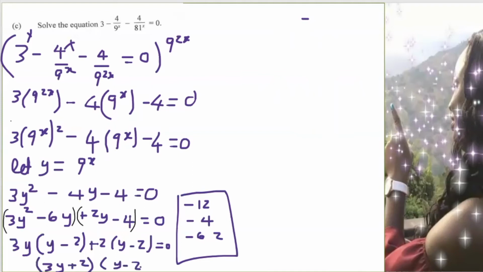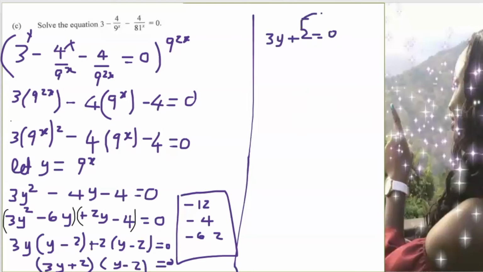Now I'm solving. So I'll be equating each of these brackets to 0. I have 3y plus 2 equals 0. Solving for this, I carry the 2 over the equal sign. So we have 3y equals negative 2. Then we divide both sides by 3.